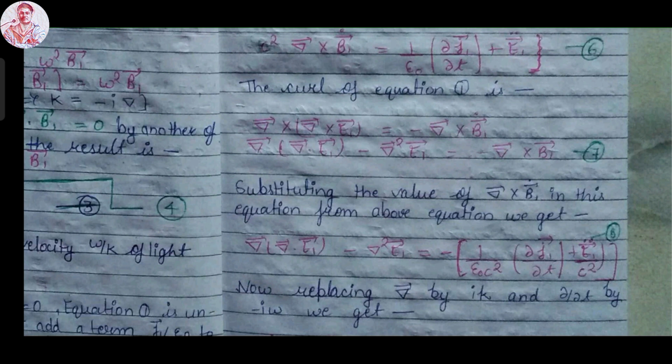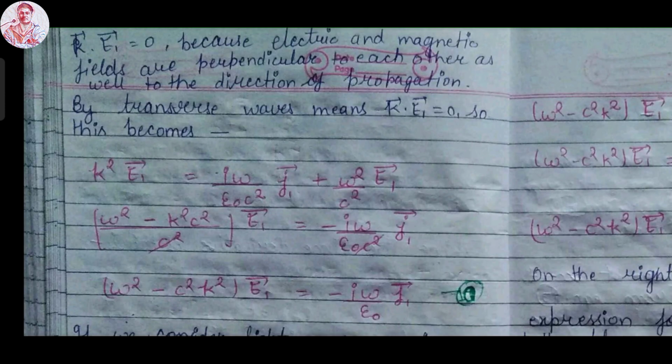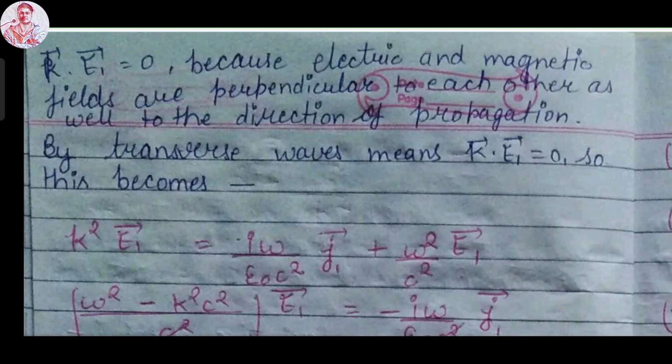Now replacing del by ik and del by del t by minus i omega, the equation becomes k square vector E minus i omega by epsilon naught c square vector j plus omega square by c square vector E.